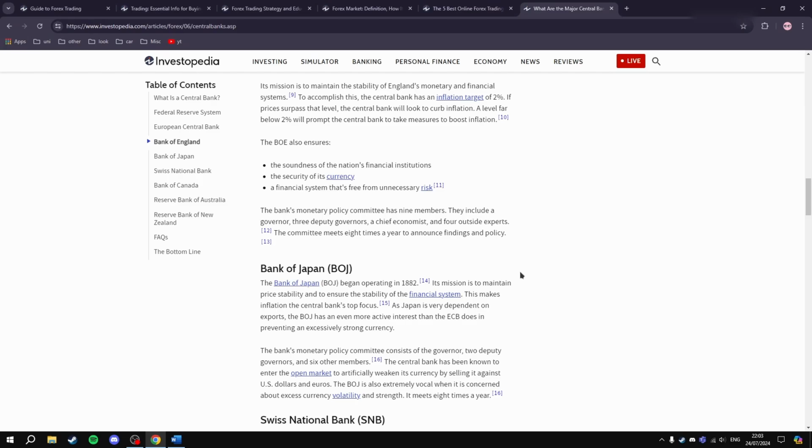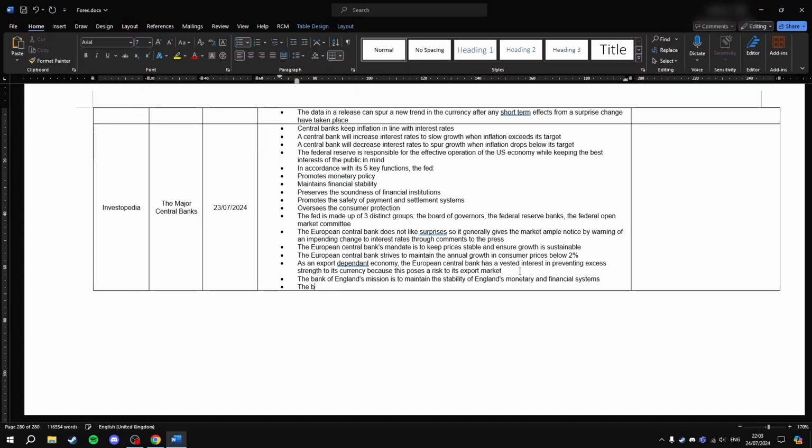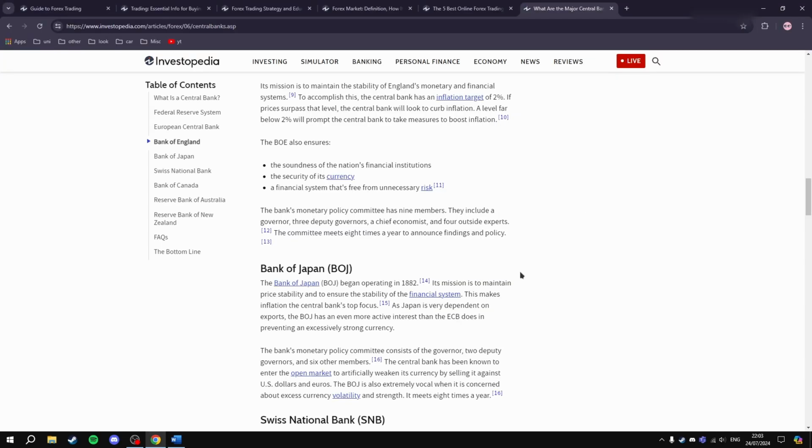To accomplish this, a central bank has an inflation target of 2%. The Bank of England has an inflation target of 2%. If prices surpass this level, the central bank will look to curb inflation, so to reduce it.